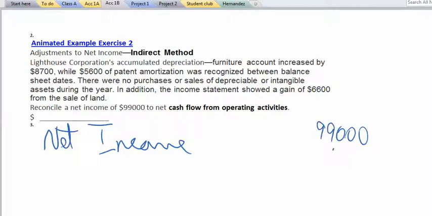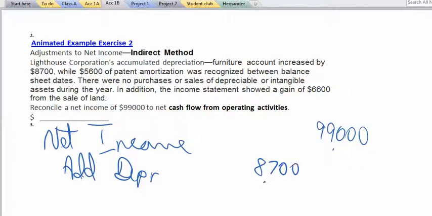I'm going to add those expenses which do not require the outlay of cash. One of them is going to be depreciation. My depreciation, I'm going to add back $8,700 because we recorded an adjustment there of $8,700.